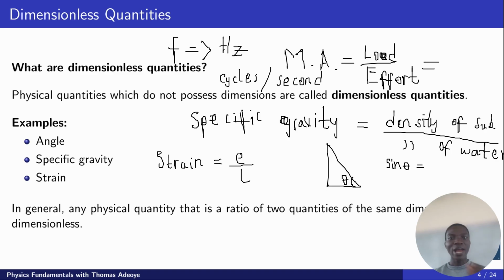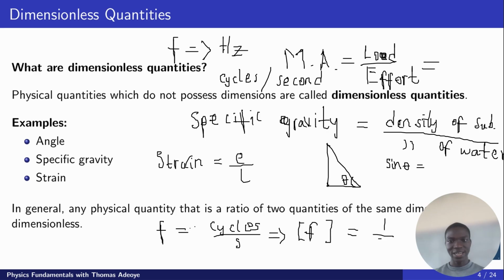But what I want you to know is that cycle here is dimensionless. So that's why, if we say the unit of frequency is cycles per second, and you want to write the dimension of frequency, it is just 1 over T, the dimension of time.